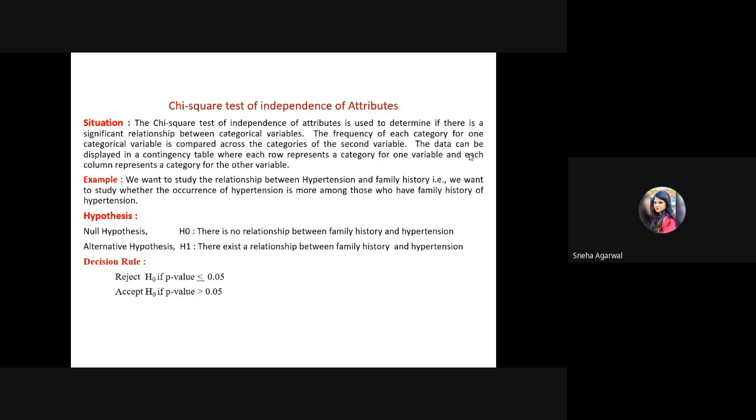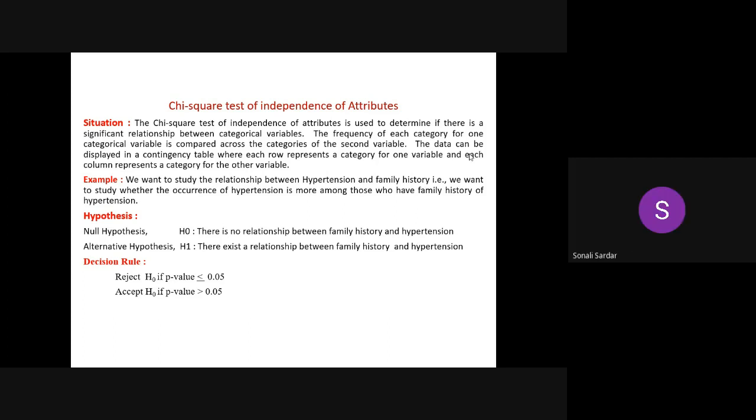There can be more than two variables, more than two categories, and 3 by 3 contingency tables are there, 4 by 4 contingency tables are there. It is not necessary to have only two categories, but with one category you can't do chi-square analysis. You have to have two or more categories. Okay, sir.